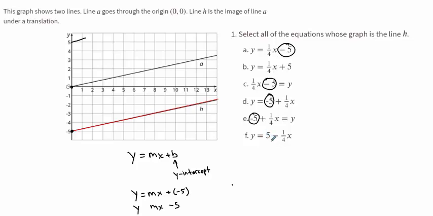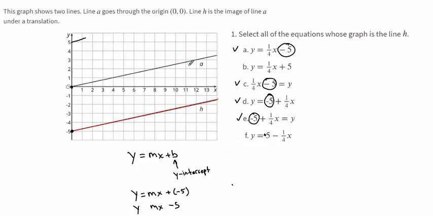And that's not a negative 5, but it's subtracting the 1/4 times x, so that is actually a positive 5. So that's not it. So we have these possibilities: A, C, D, and E.